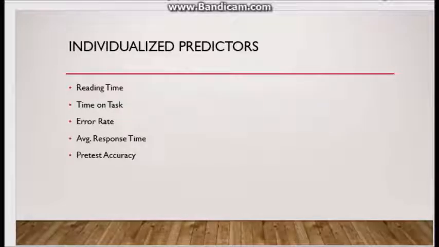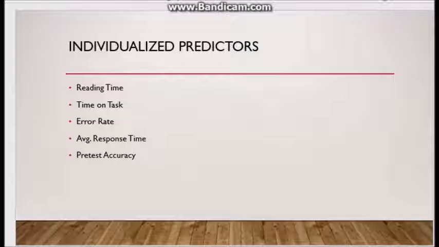So while doing these tests, several things were collected, particularly these things called individualized predictors. This includes reading time, the time that they spent on any particular task, the error rate or the rate of questions which they got wrong, the average response time, and the pretest accuracy, or how accurate their answers were while they took the pretest. And each of these things sort of pointed at different things about how the student learned.